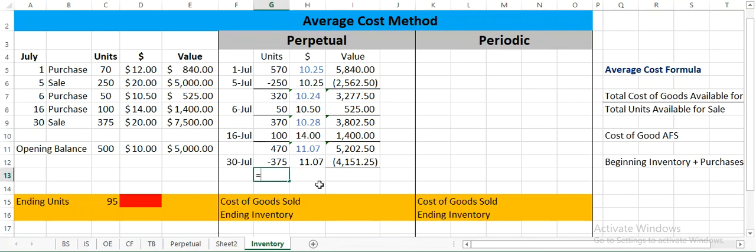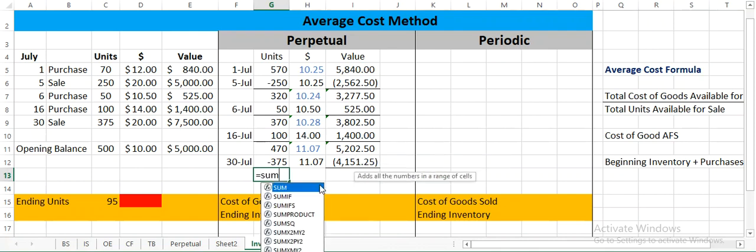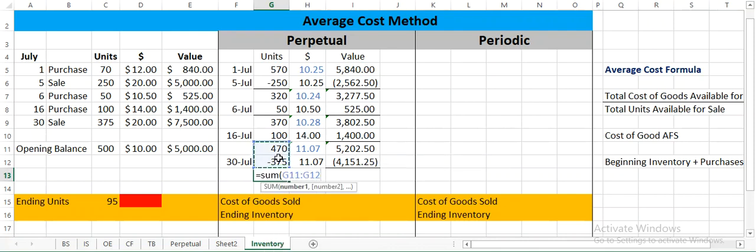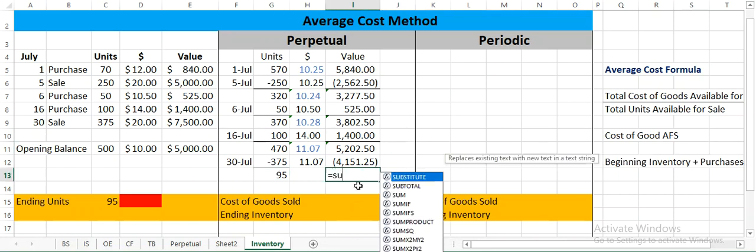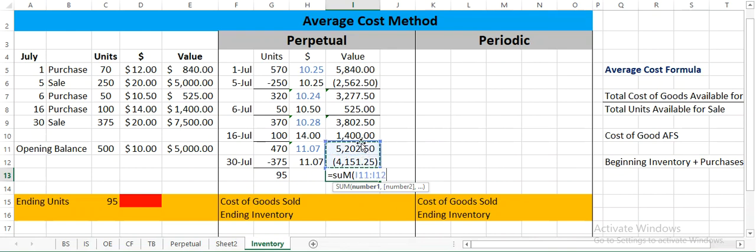And so we now have to add these two up again, the last balance plus the new change, and we see that we get 95 units. And the sum of this over here is saying that these units are valued at $1,051.25. If you pay attention, you'll note that we came right back to our 95 ending units.